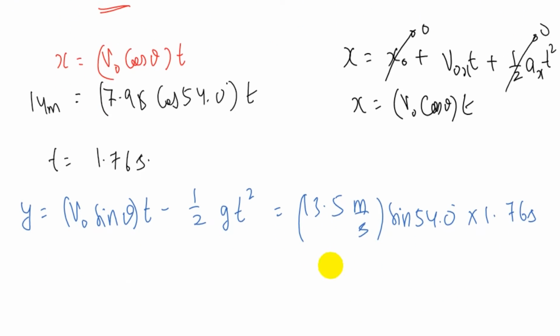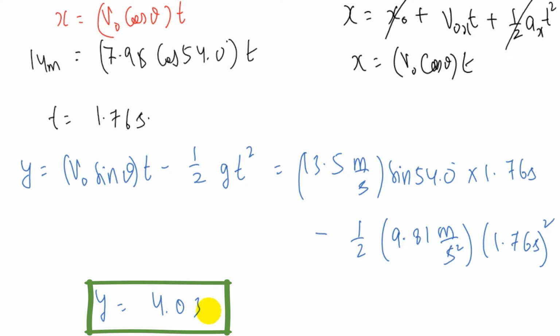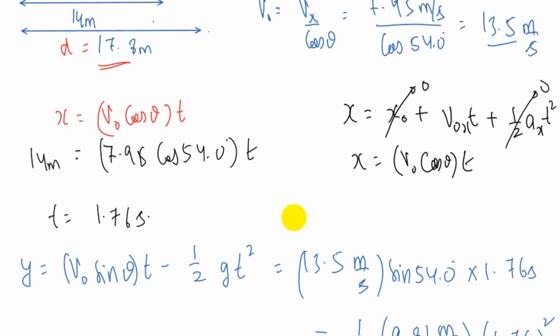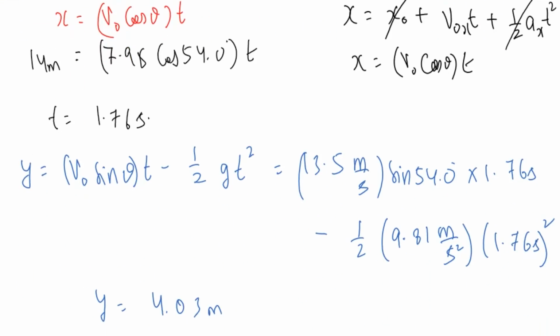Then minus 1 over 2, g is 9.81 meters per second squared, t is 1.76 seconds and its whole square. On further solving, we'll get the value of y to be 4.03 meters. So this y coordinate, or we can say this height, is 4.03 meters. So this is the answer for the B part.